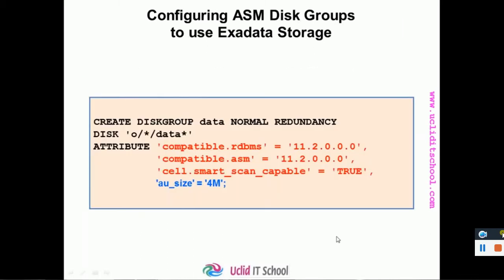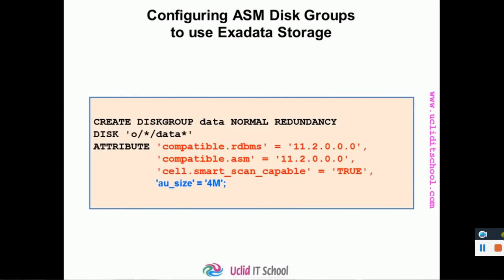Next, when you create ASM disk groups on Exadata, again there are some important considerations, important disk group attributes that you need to use. This slide shows you how to create ASM disk groups on Exadata.